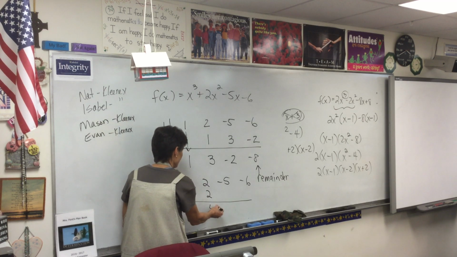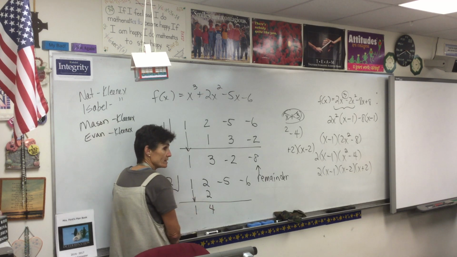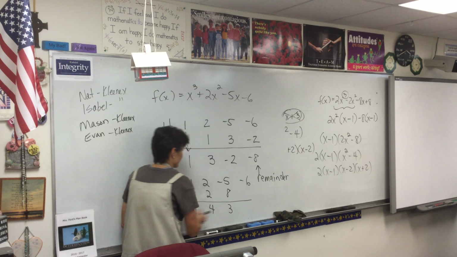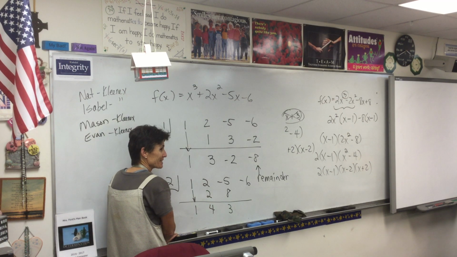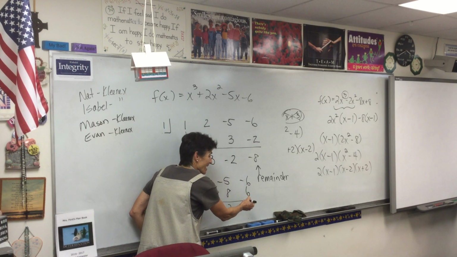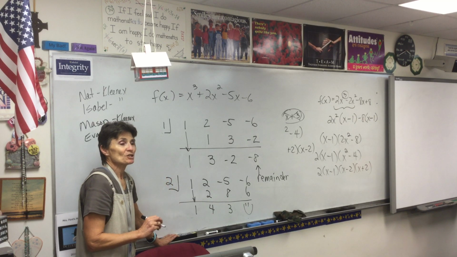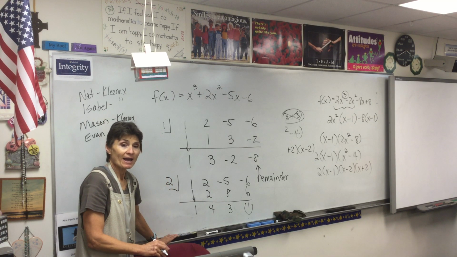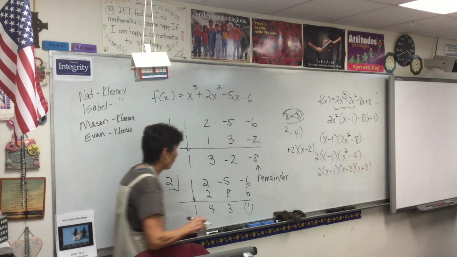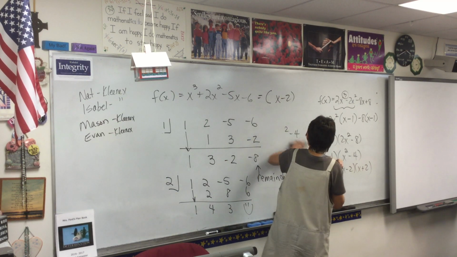I'm going to add. 2 times 4 is 8. I'm going to add. Oh, you start to get excited. 2 times 3 is 6. And when I add, I get 0, which means that I have found a factor. One of my factors is x minus 2.